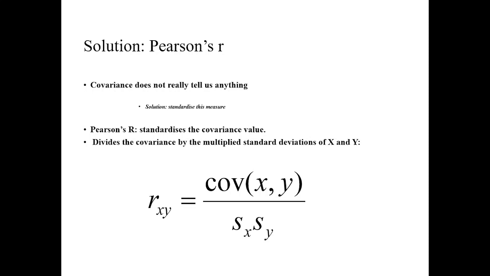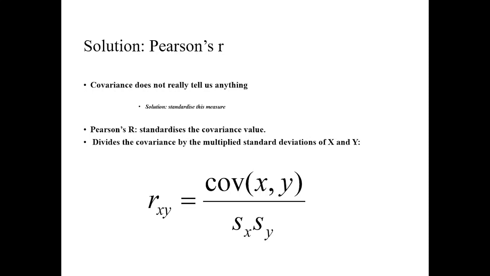Here we define r. r is nothing but Pearson's correlation coefficient. The Pearson's correlation coefficient is defined by small r, which is formalized as covariance of x and y divided by standard deviation of x into standard deviation of y. That is Pearson's r, Karl Pearson's r, we can say.